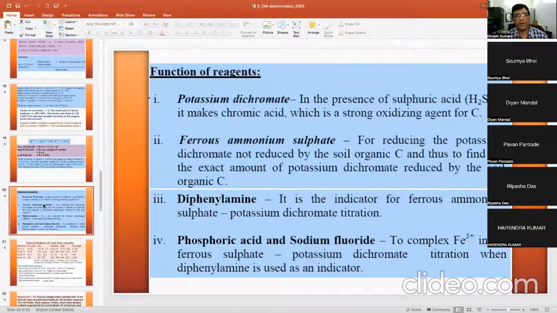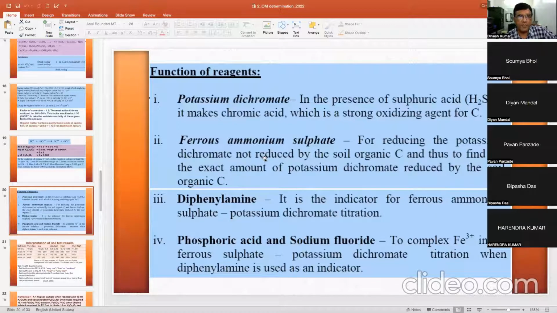All right. Now, the functions of reagents. You have used potassium dichromate. In the presence of sulfuric acid, it makes chromic acid, which is a strong oxidizing agent. Why do we use ferrous sulfate or ferrous ammonium sulfate? To reduce the unused potassium dichromate, which is left unused by the carbon. Diphenylamine is the indicator.